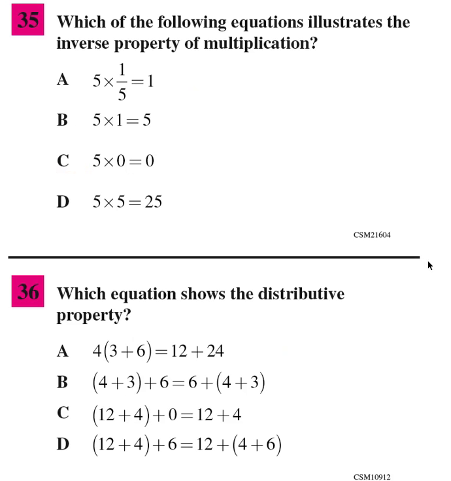Problem 35. Which of the following equations illustrates the inverse property of multiplication? This property tells us that for any number n, there is another number m that when you multiply them, the answer is 1.